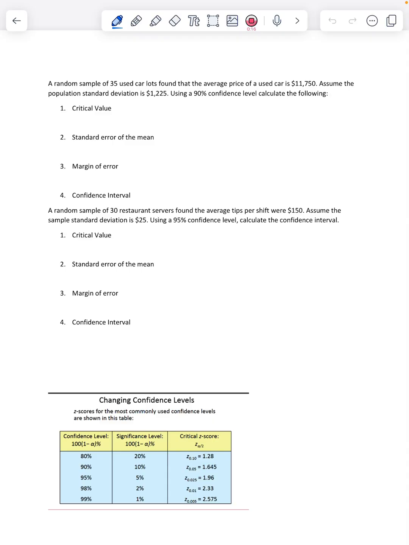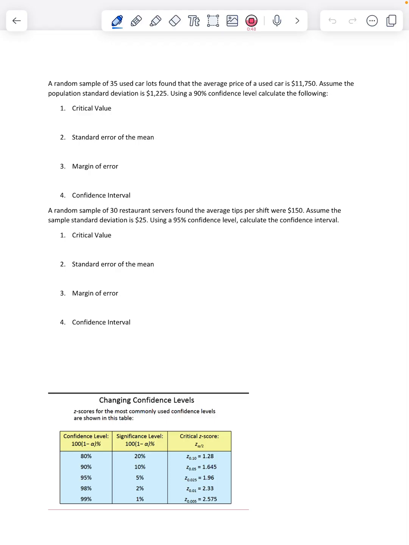A confidence interval for the mean is an interval estimate around a sample mean that provides us with a range of where the true population mean lies. Typically you calculate the upper and lower limit along with the margin of error, and it's based on a critical value.